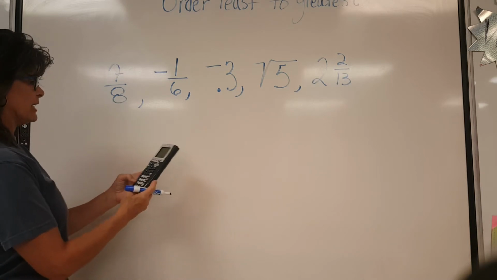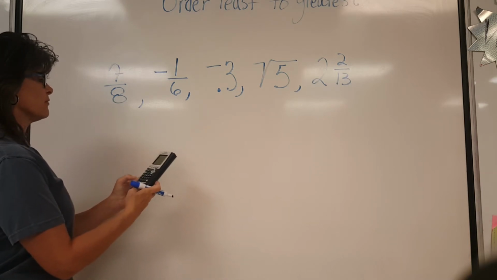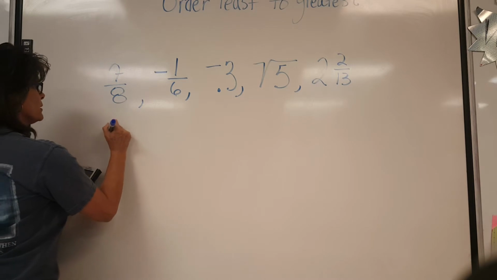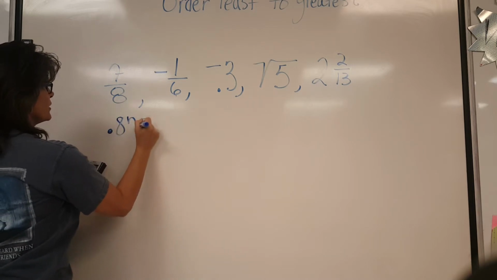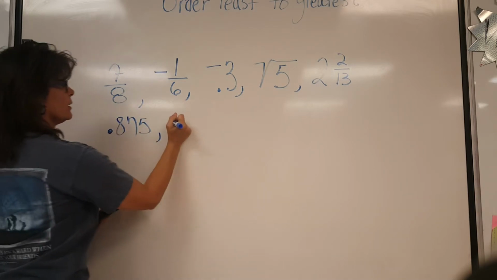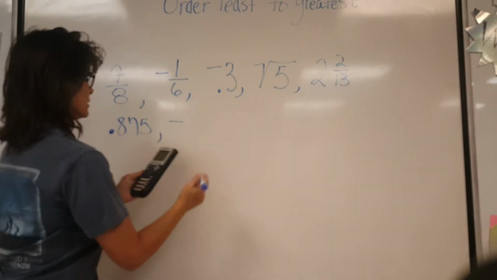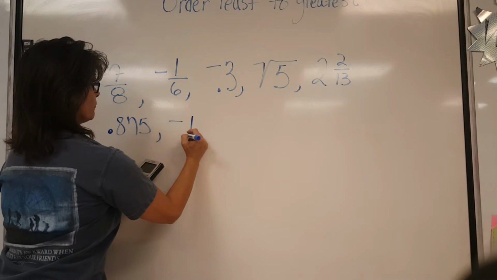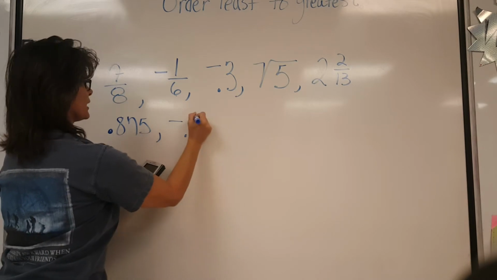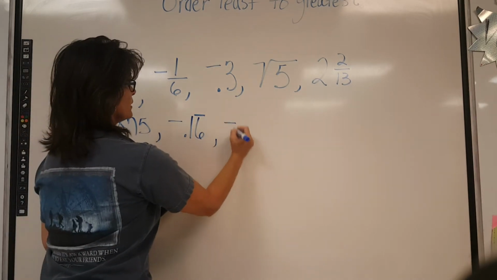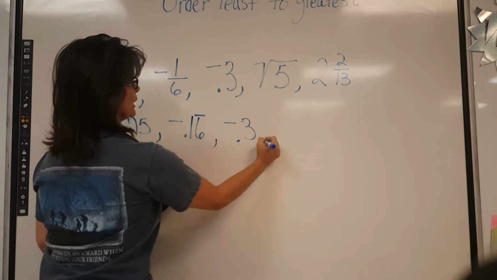So I have 7/8. So 7 divided by 8, 0.875. Negative 1 divided by 6, negative 0.16, repeating. Negative 0.3.